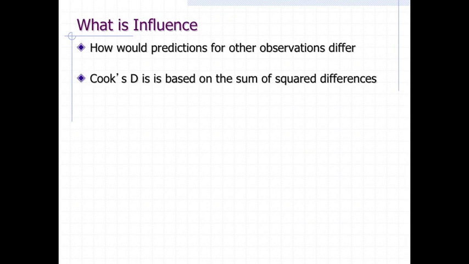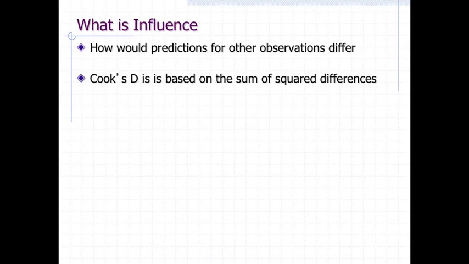The influence of an observation can be thought of in terms of how much the predicted scores for other observations would differ if the observation in question were not included. Cook's D is a good measure of the influence of an observation and is proportional to the sum of the squared differences between predictions made with all observations in the analysis and the predictions made leaving out the observation in question.